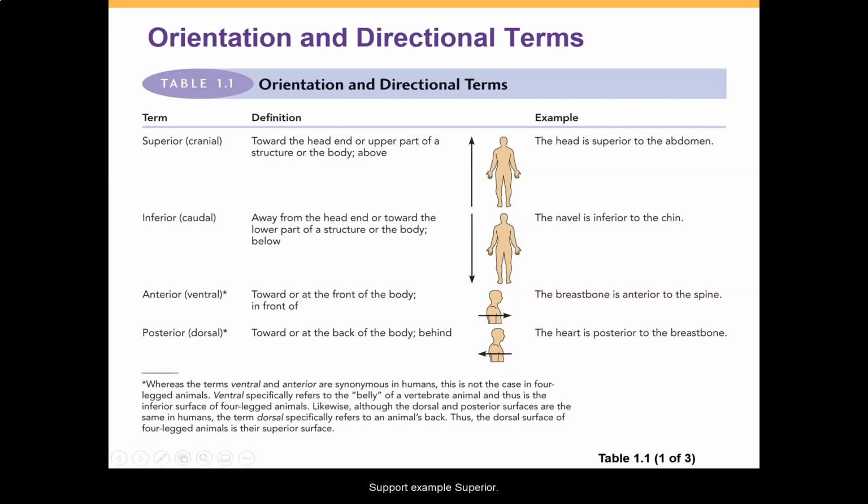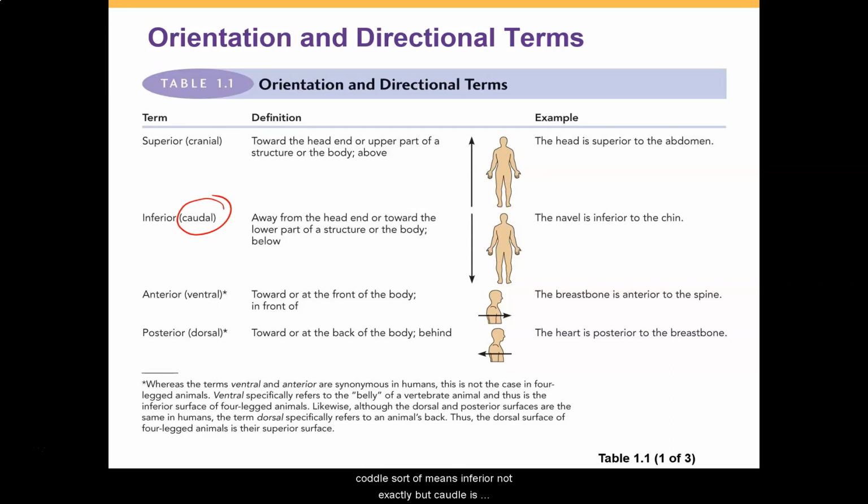So for example, superior and inferior go hand in hand. So here in parentheses, cranial, it sort of means superior, not exactly, but cranial is reserved more for neuroanatomy. If we look at inferior in parentheses, you see caudal.